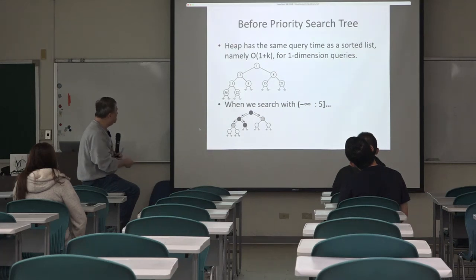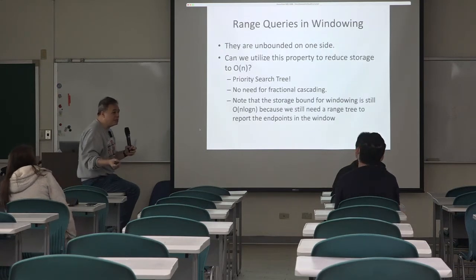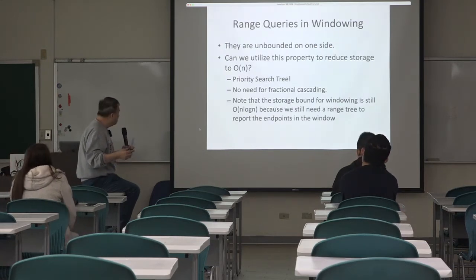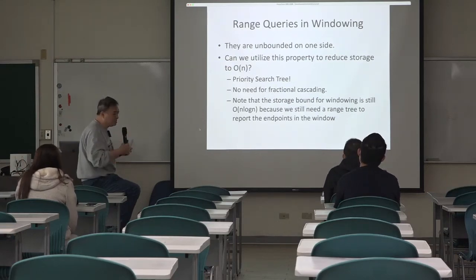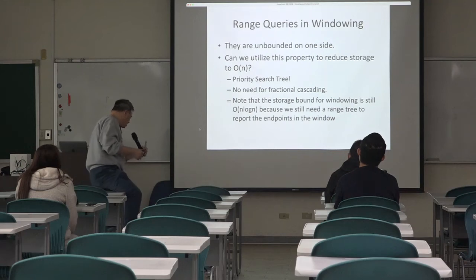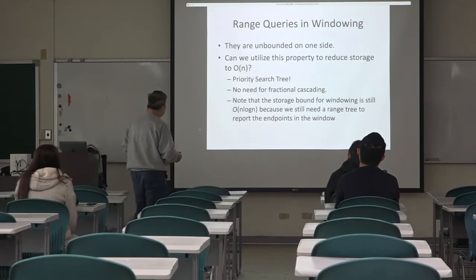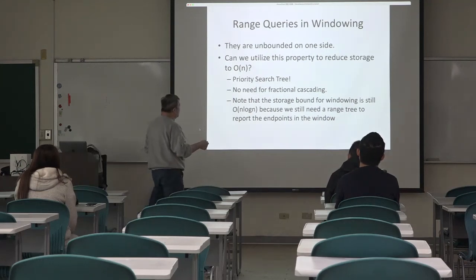You guys are familiar with heap, right? So the priority search tree is kind of based on heap, but it's much more complicated than that. And we don't need fractional cascading. Then we're able to get better performance.